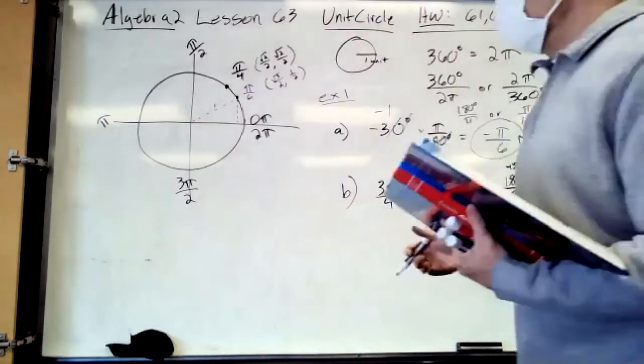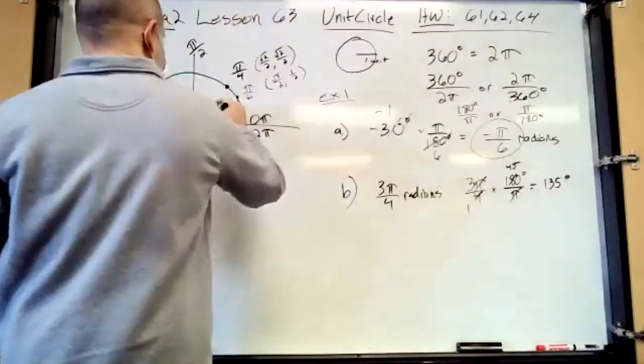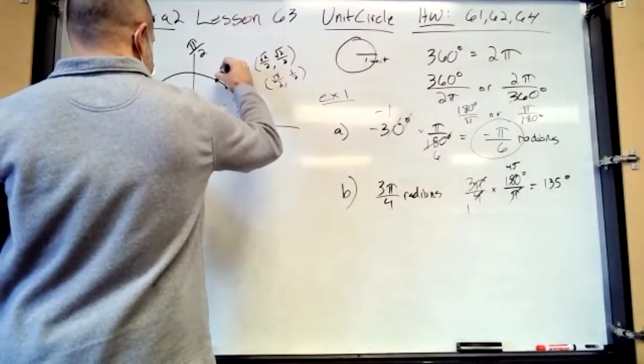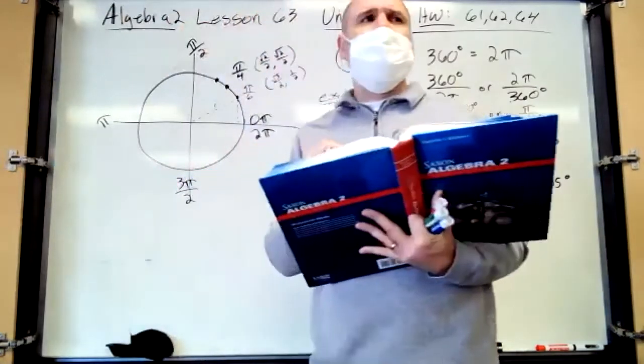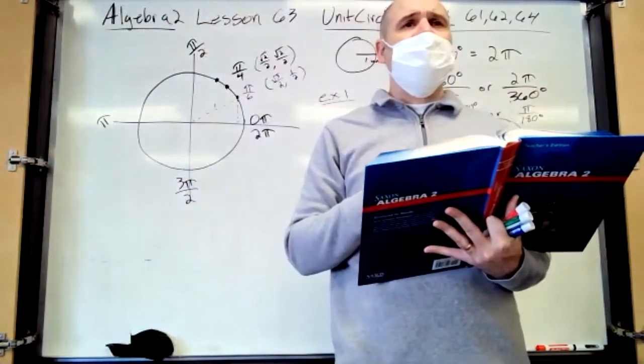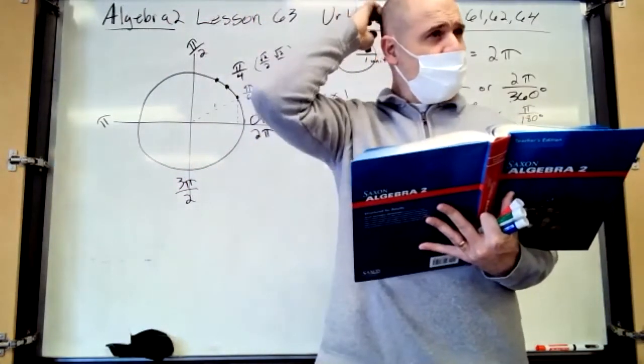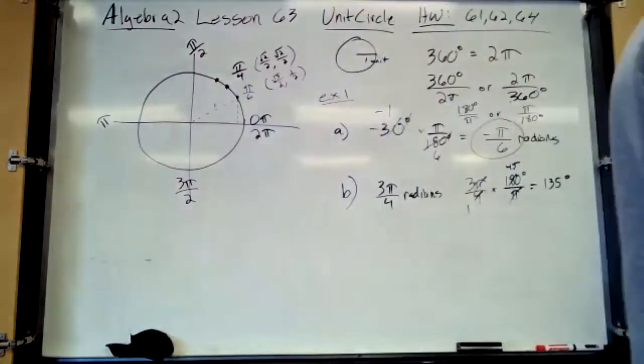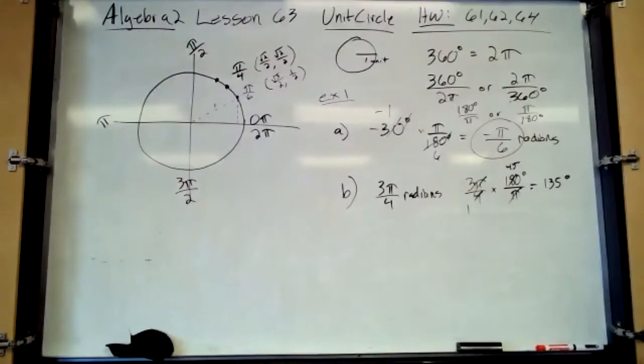Okay, now let's do this guy's partner, which is the 60-degree version. What's 60 degrees converted to radians? There's going to be a pi.